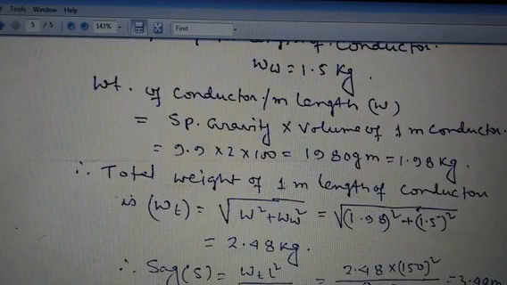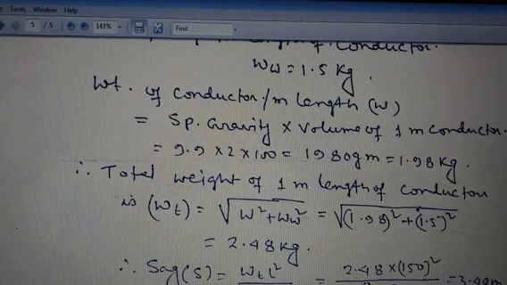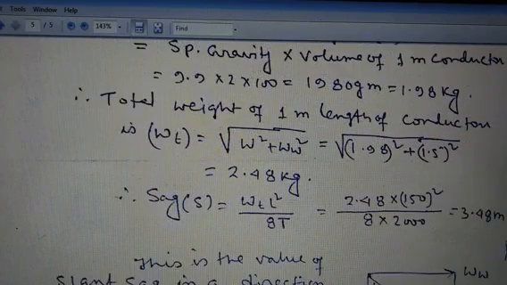Therefore, the total weight of 1 meter length of the conductor is Wt equals root over of W square plus Ww square, where W is 1.98 and Ww is 1.5. That is root over of 1.98 square plus 1.5 square, and the answer is 2.48 kg.